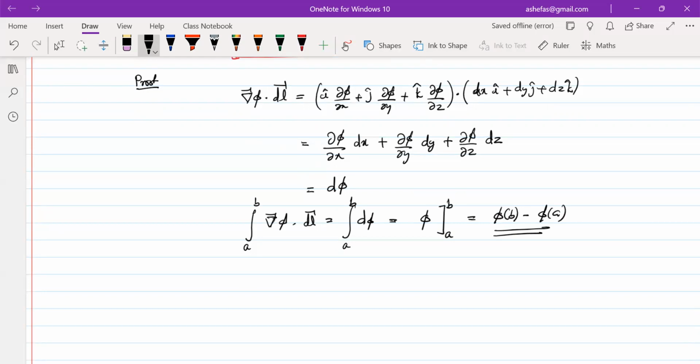Okay, now the same theorem we can say in another way as well. The line integral of gradient depends only on the final point and the initial point. Therefore, the line integral of gradient is independent of path. So the same theorem we can say in another way.